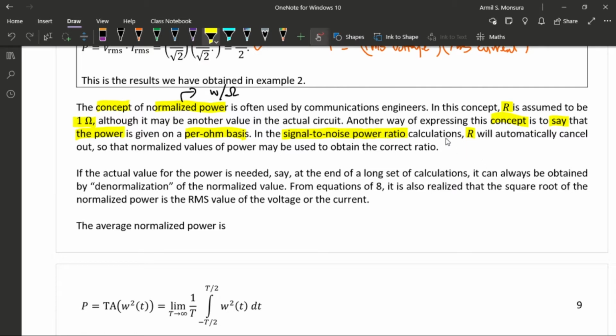When we take the ratio of those, incidentally, that R, or the resistive load, will cancel, because it is a ratio. So that we will be able to compute the signal to noise power, the value of R would cancel in that ratio.